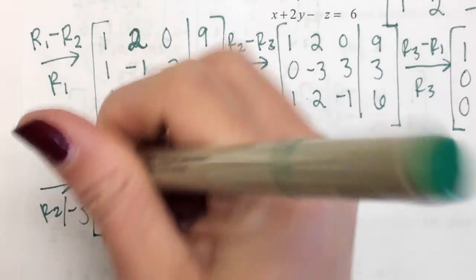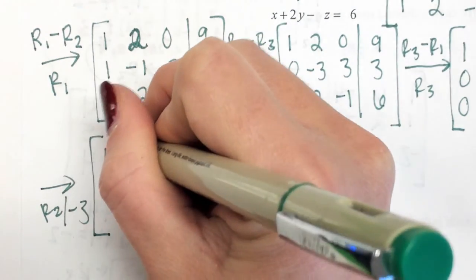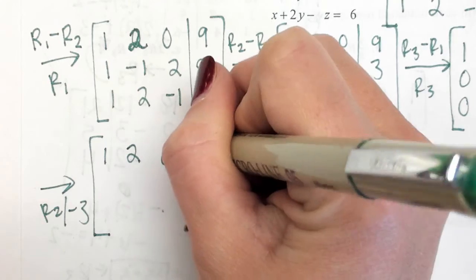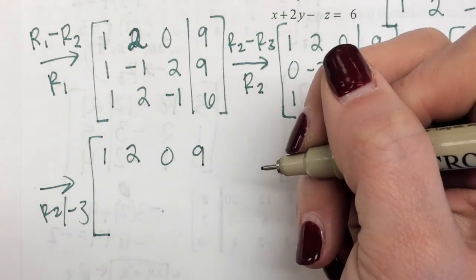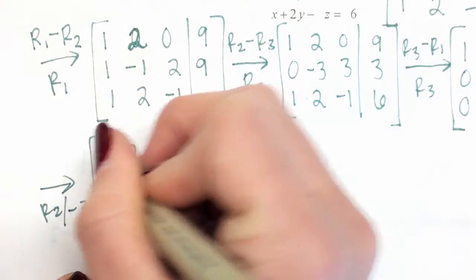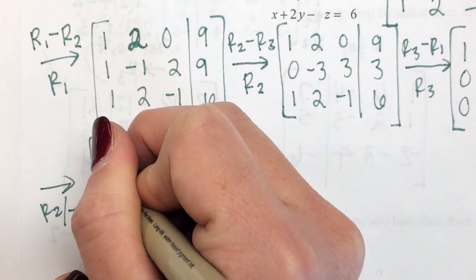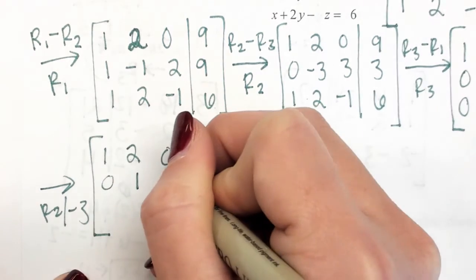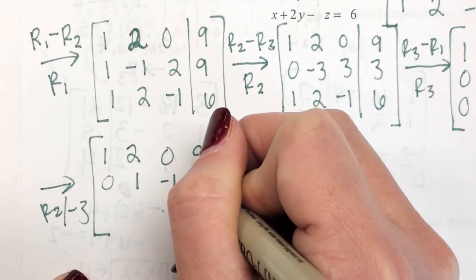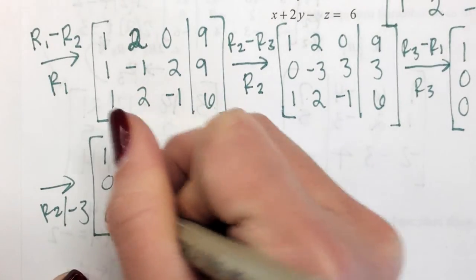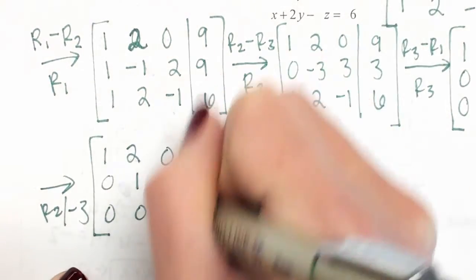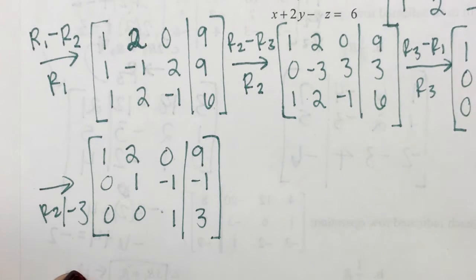So leaving row 1 the same, which was 1, 2, 0, and 9. When we divide everything in row 2 by negative 3, what would we have? 1. Negative 1. And then negative 1. Yes. Very good.